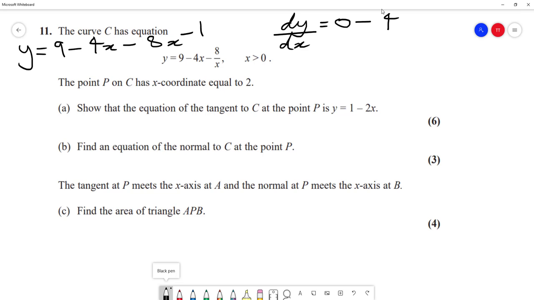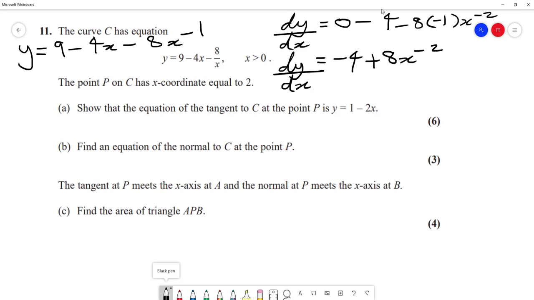So we get minus 8, bring the power down, minus 1, x to the power minus 2. So dy by dx would be minus 4 plus 8 x to the power minus 2.